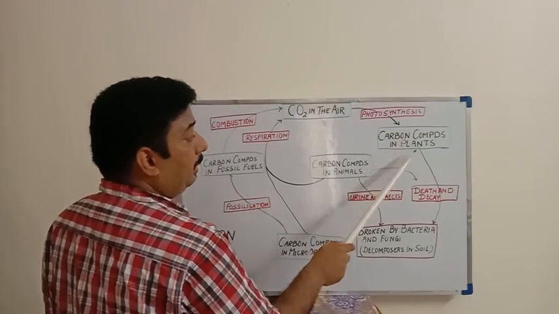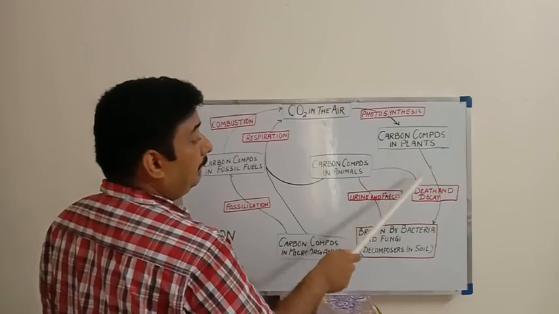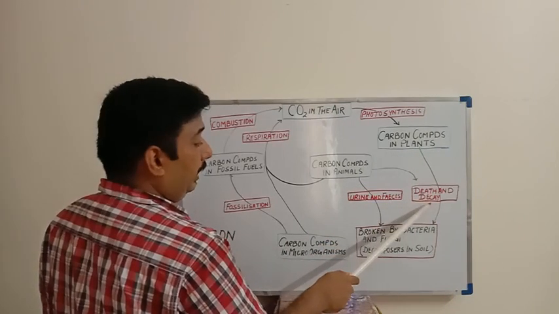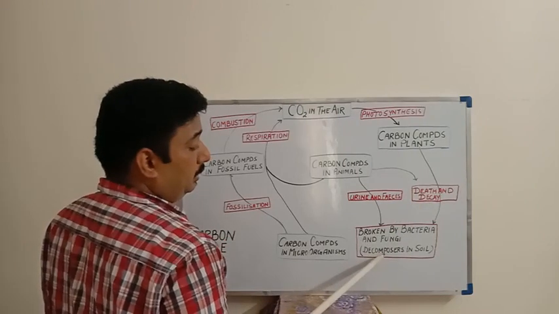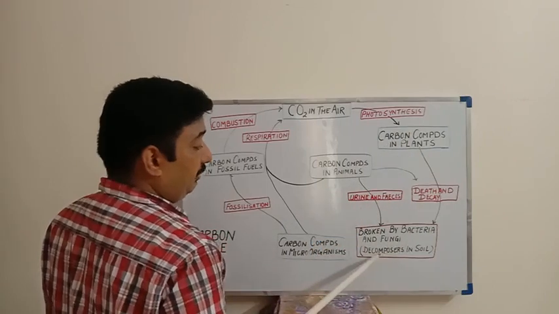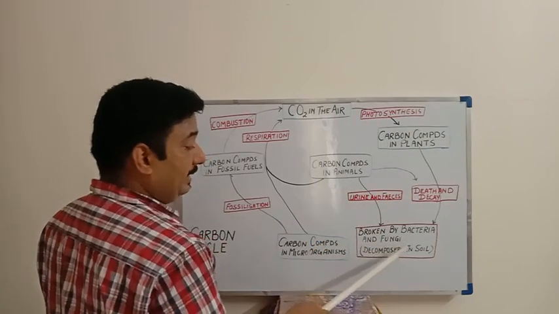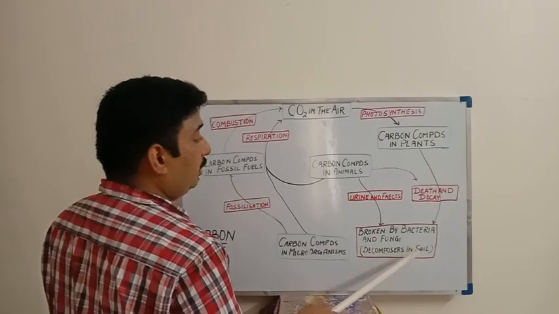Then these carbon compounds in the plant, after death and decay, can be broken down by fungi, and the decomposition of these plants will be brought about by bacteria and fungi, which are the decomposers of the soil.